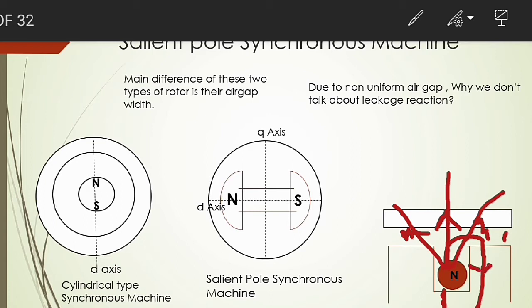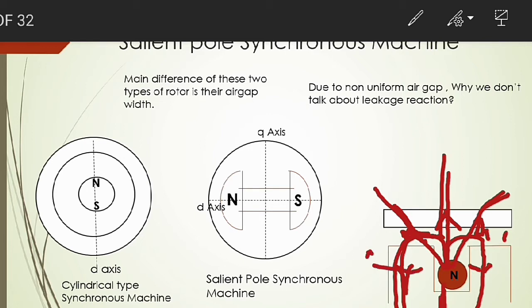It chooses its own path and closes on itself. The stator flux interacts with the rotor, but this stator flux closes on itself. So this is called the leakage flux.